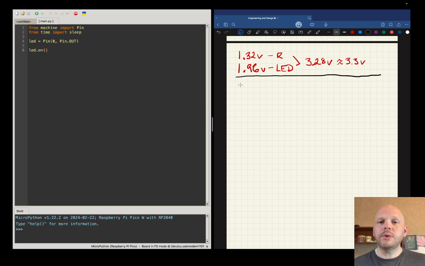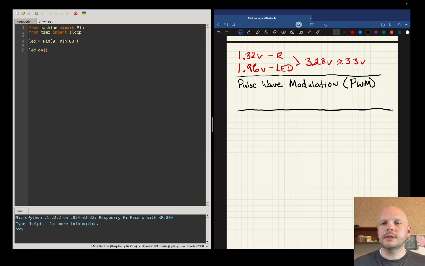And what you need to know is we're going to use something called pulse wave modulation, or PWM, pulse wave modulation. And what pulse wave modulation is, let's say that we have a line that represents 0 volts.